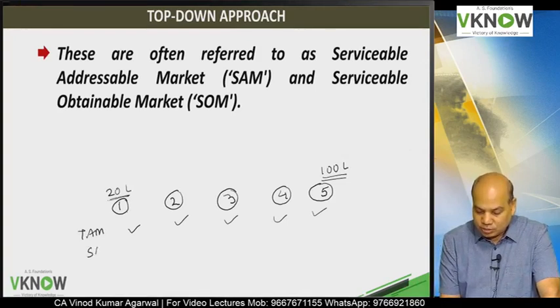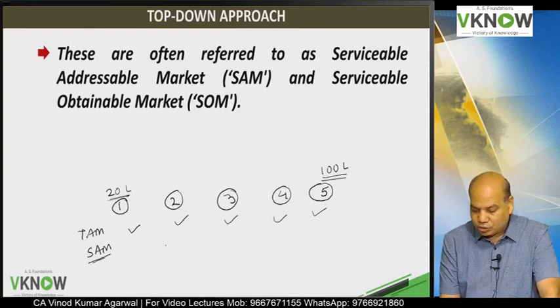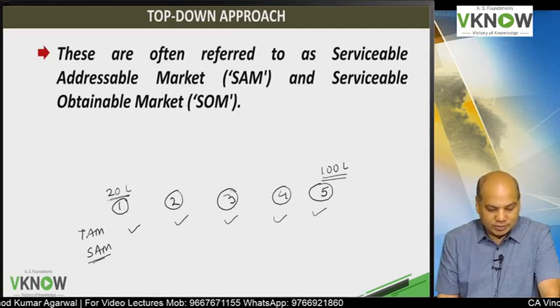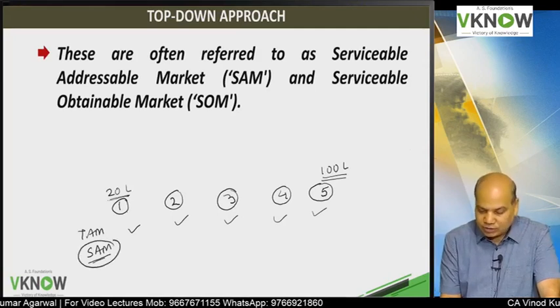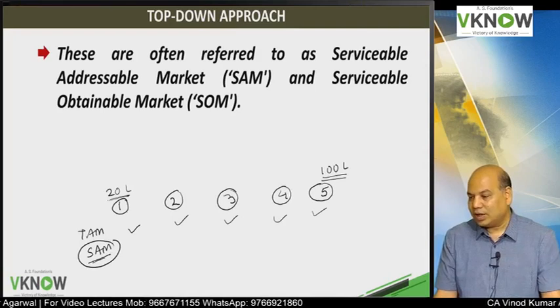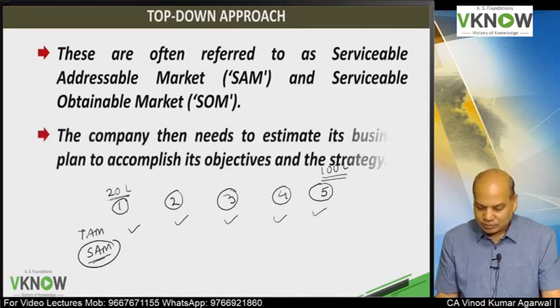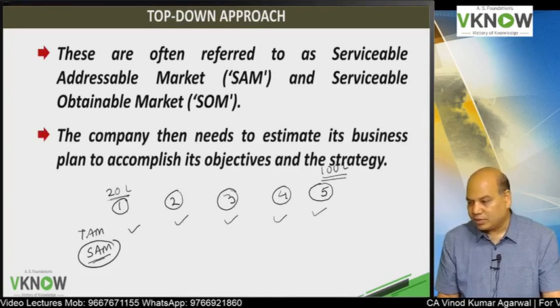Then you compute SAM, what is your market share out of it, the serviceable obtainable market. So you have to find your market share. TAM is total, SAM is your share in that market, or serviceable obtainable market.